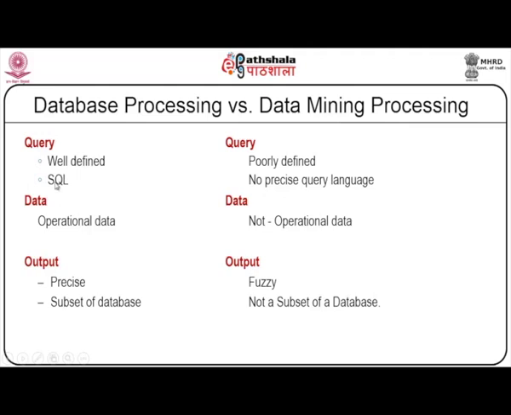The data available in databases is purely operational data. The output from a database system would be very precise, since it pertains to a list or group of data, in the form of a subset of the database.